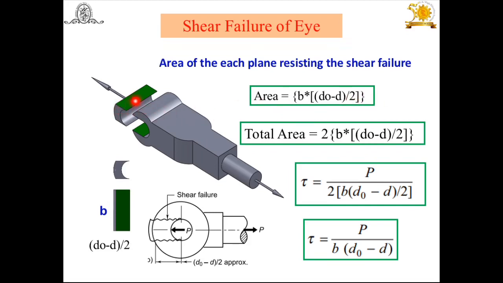But here how many shear areas? 2 areas, we have to consider 2. That's why the total area is this multiplied by 2. And therefore the simple equation tau is equal to P by A. Substitute this total area and you will get this equation. By using this equation you can find the shear stress induced in the eye and check whether this induced stress is less than the permissible. Then you can say your design is safe.